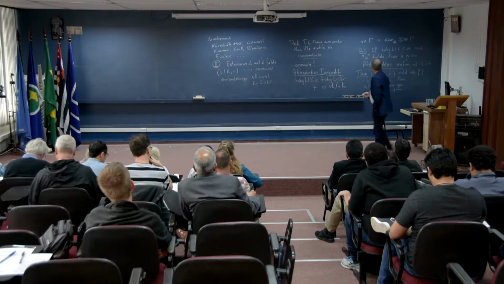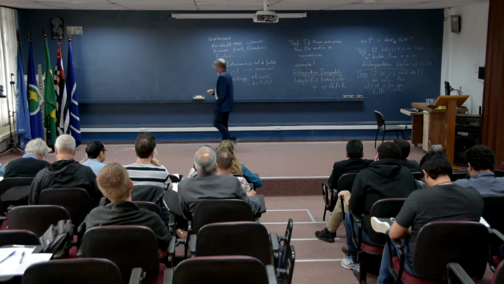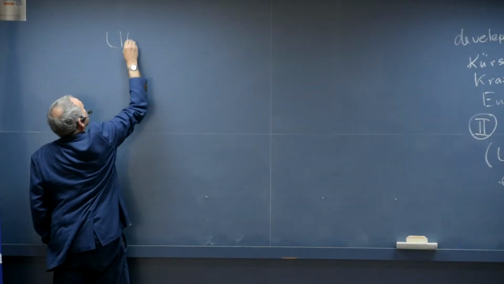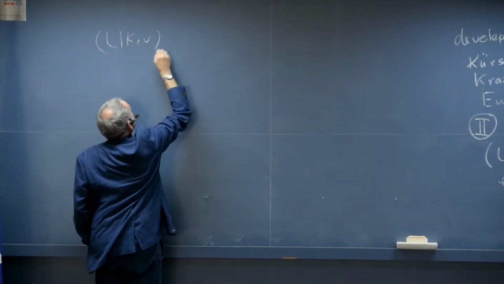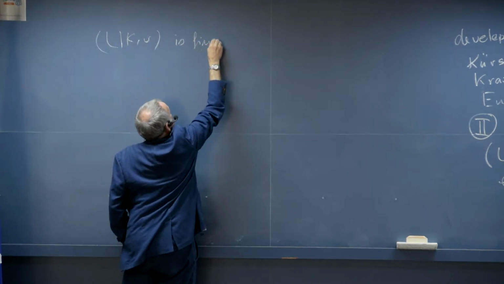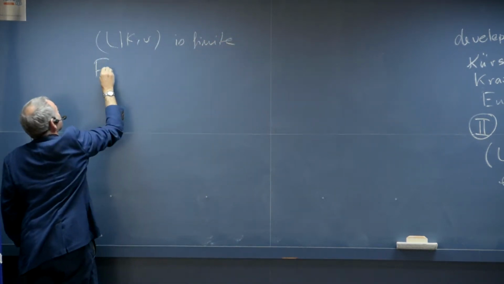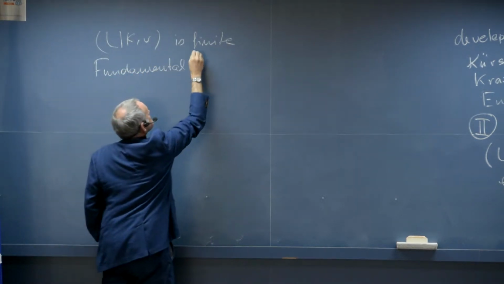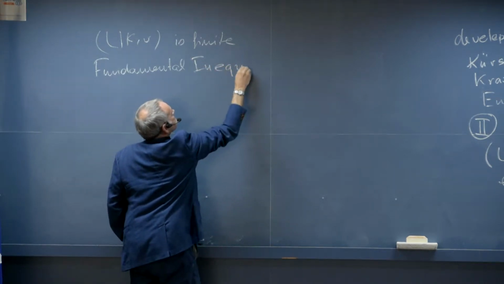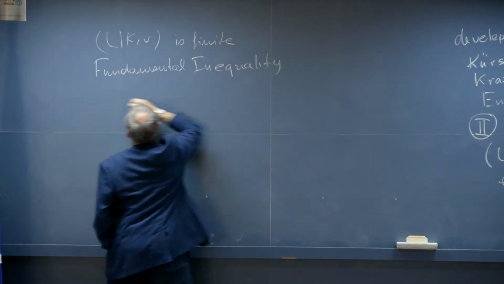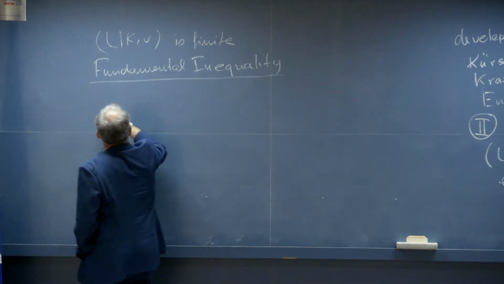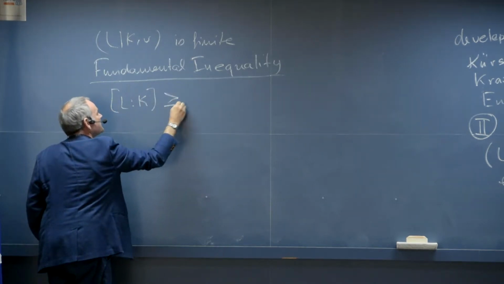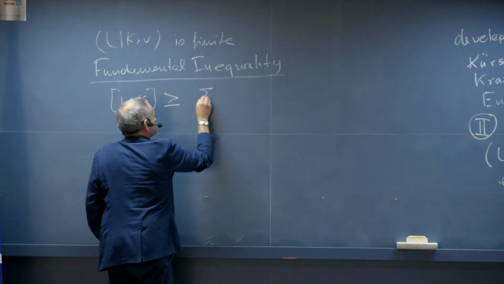There's also an inequality that handles algebraic extensions, finite extensions. So if L over K, V is finite, then we have the fundamental inequality, which tells us that the degree of the extension is, like over there, bigger or equal to a sum.